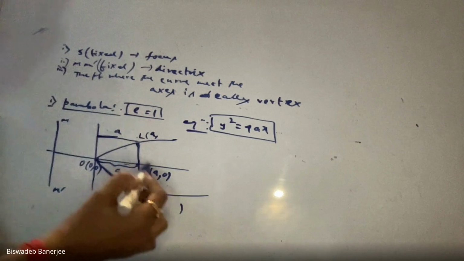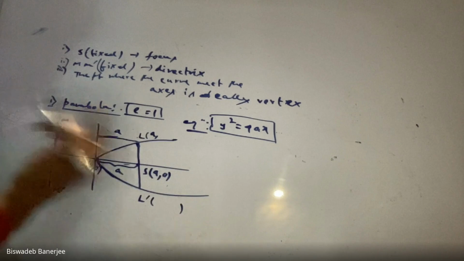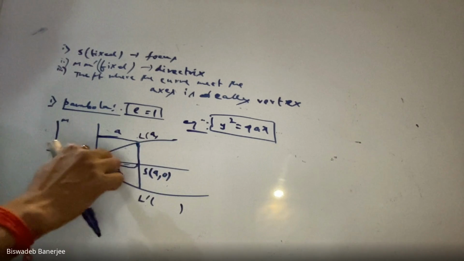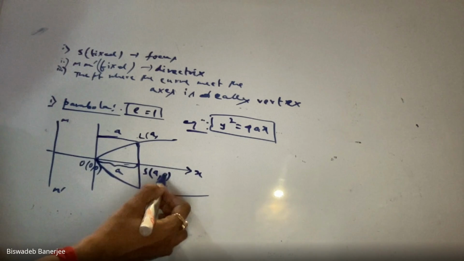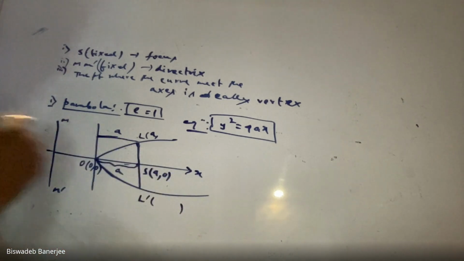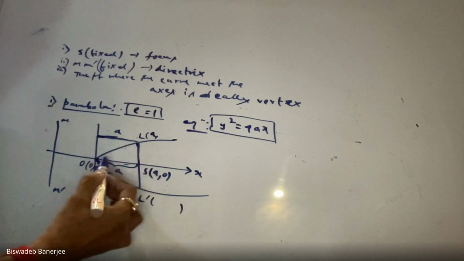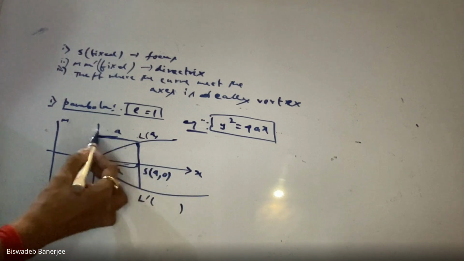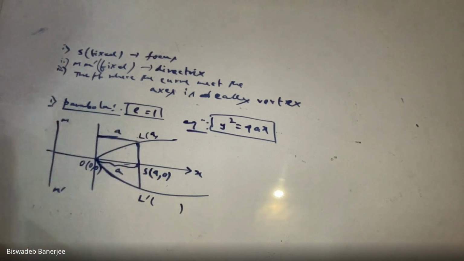On the x-axis, the value of y is 0 and the value of x is a. Since these two lines are parallel, if this distance is a, this distance is also a.